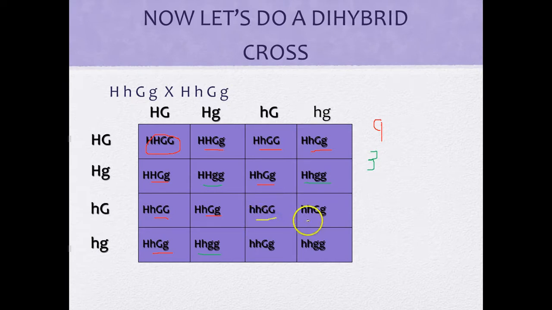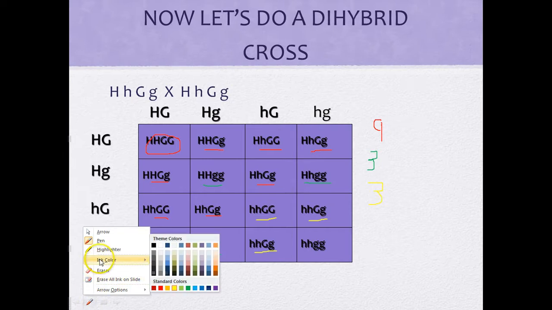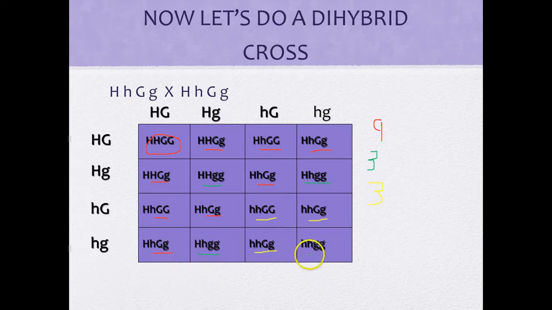This would be small and green, and that would be small and green. 3 small and green. And last but not least, this last one would be both small and blue. 9 to 3 to 3 to 1.